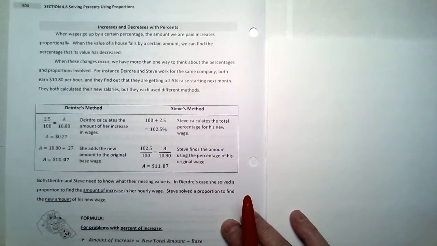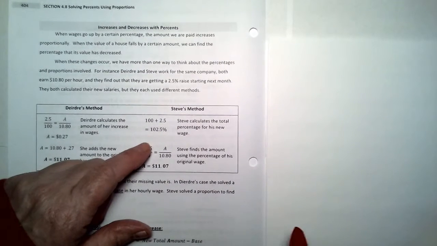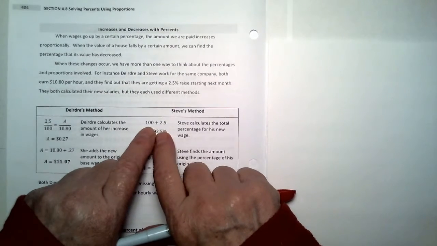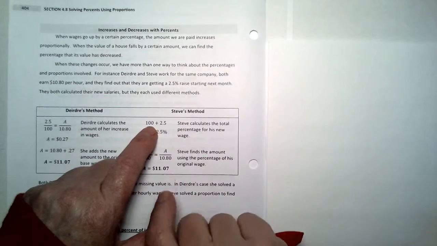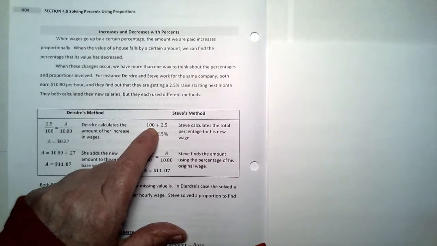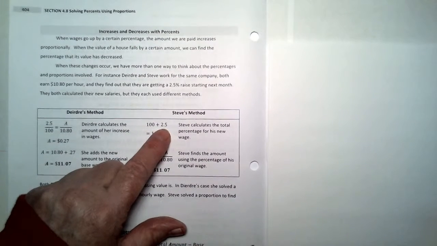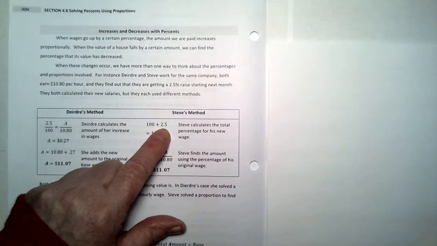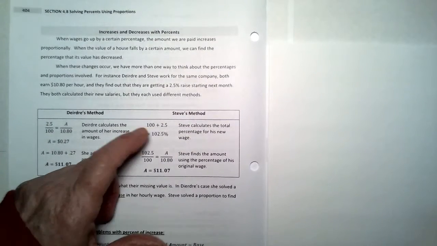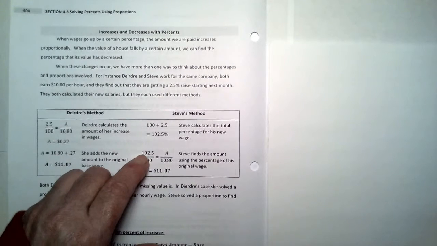Now Steve, on the other hand, and in this case I think this guy's a little smarter, says, I'm going to take the 100% that I'm earning, and I'm going to add the increase, 2.5. And I'm going to use that as my percent.